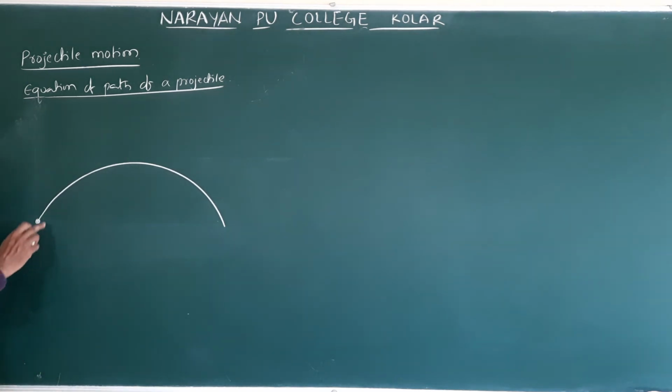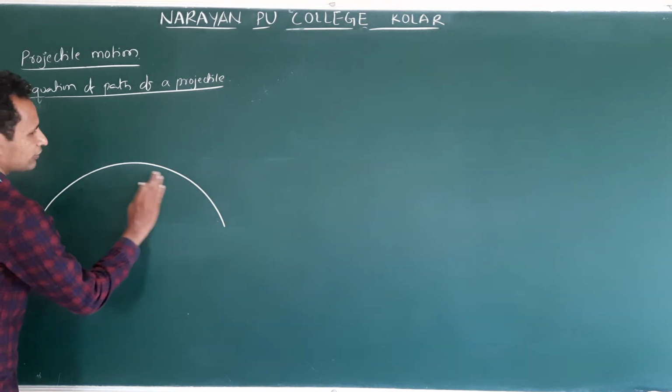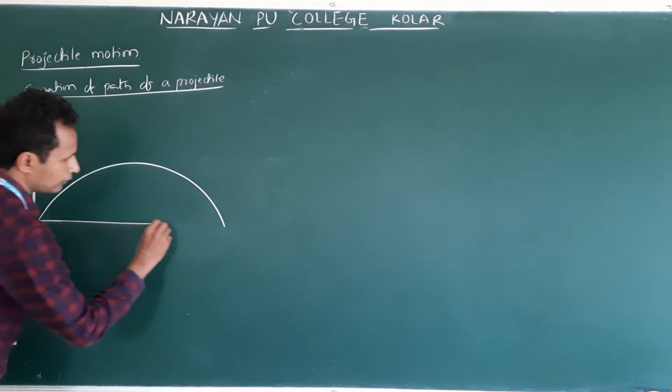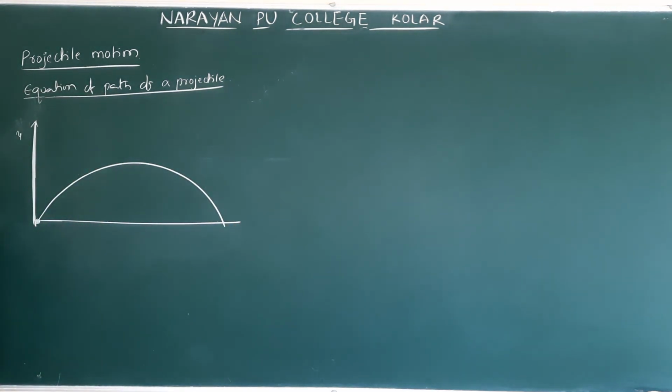Understand? So to analyze and study this, what we need to know first is the reference point. So for the reference point we fix the coordinates. In physics, reference points are coordinates. This is y and this is x.